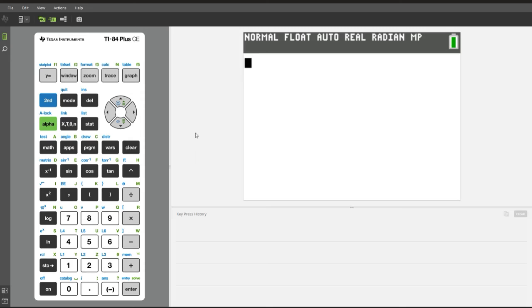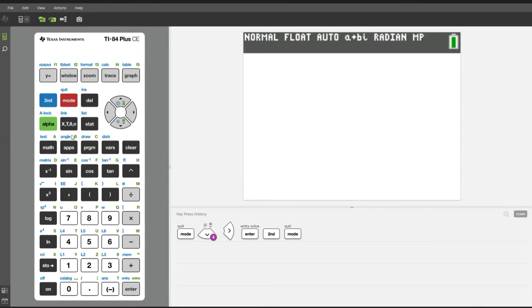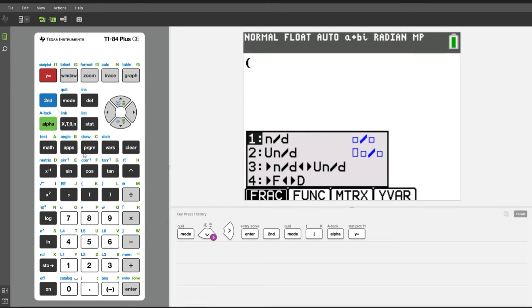I'm on the TI-84 calculator. You can follow along. First we'll go to mode and change it to complex mode, a plus bi. Press enter. Then we'll go to the main screen, second mode, and enter one of the solutions. So open parenthesis. We'll just enter the positive solution, so we need a fraction, alpha y equals, enter.